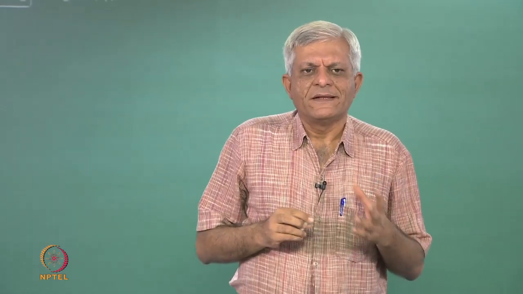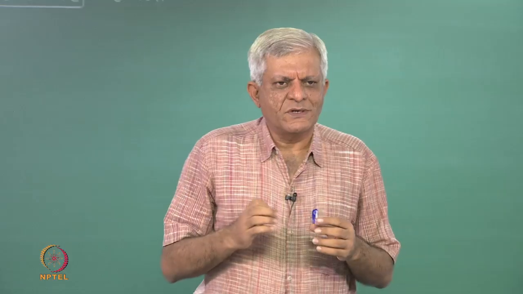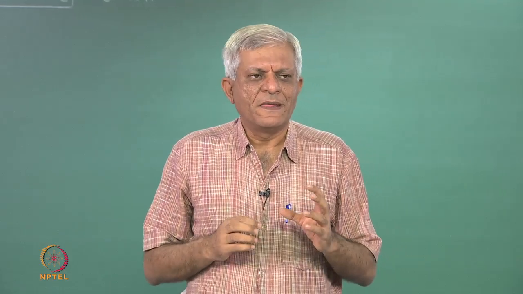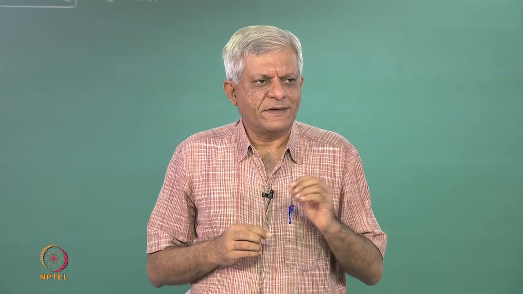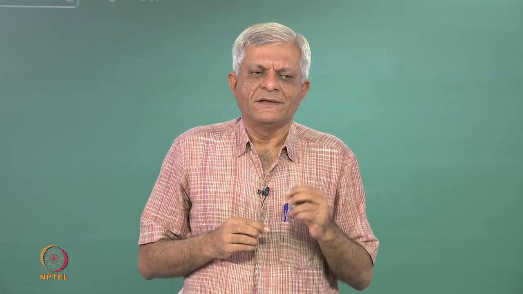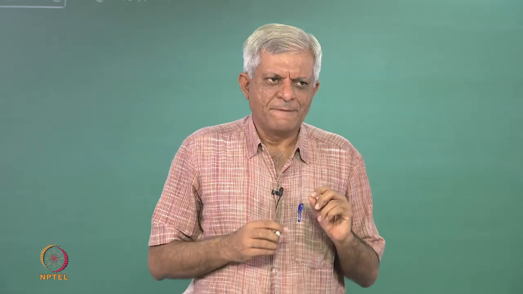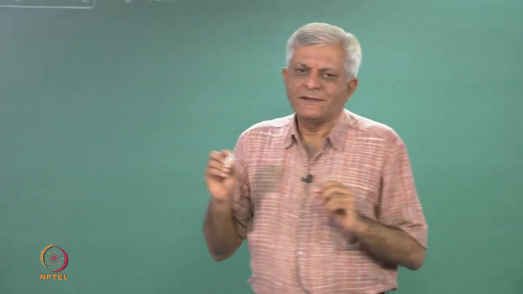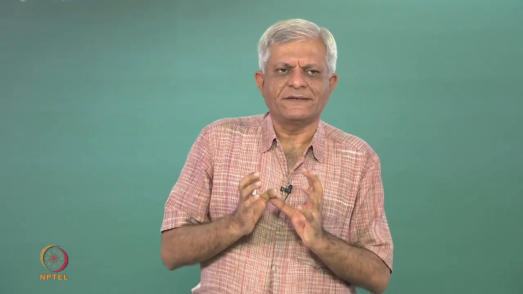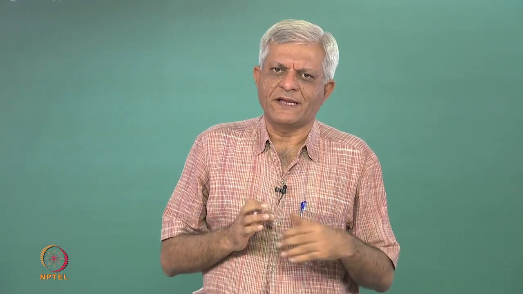Now, once you incorporate this notion of a move, what is a move? A move is an action which takes you from one state to a neighboring state essentially. And given any state, there is a set of neighboring states that you can move to, that is defined by the domain essentially.